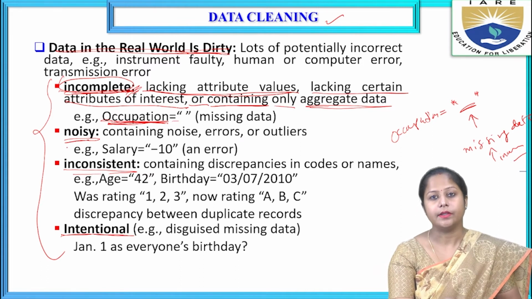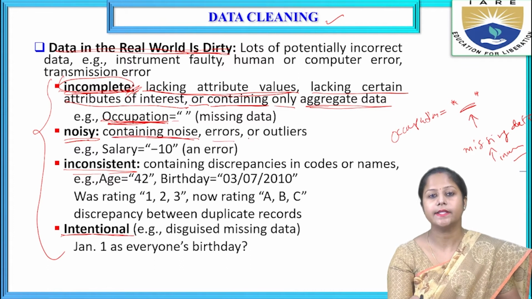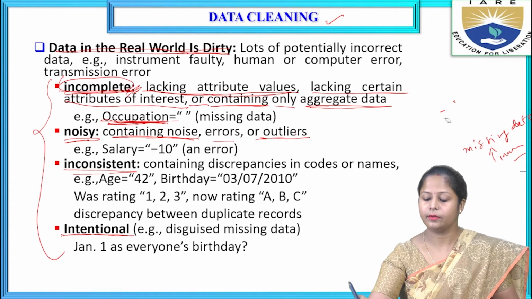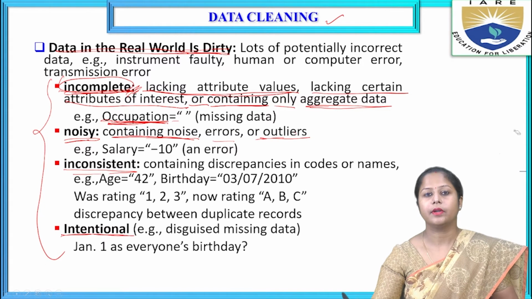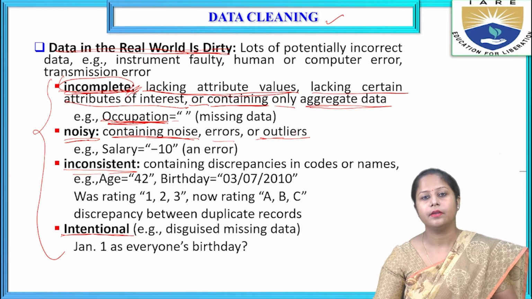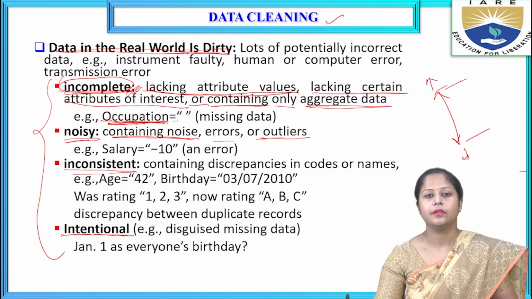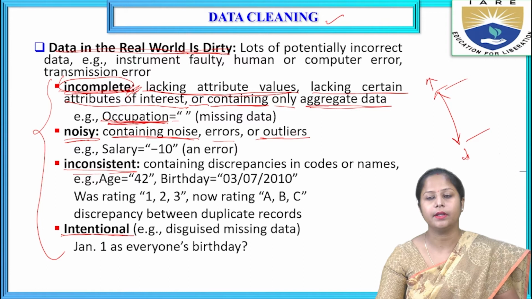Next is noisy data. That is data containing noise, errors and outliers. We have already talked about outliers. An outlier is data outside the range of data that we require, so it is called an outlier from the data set.